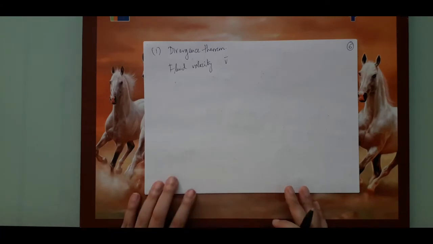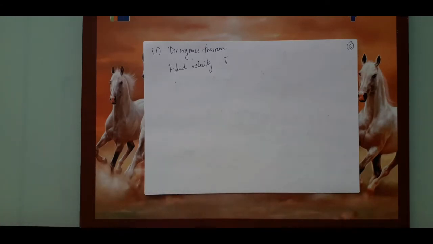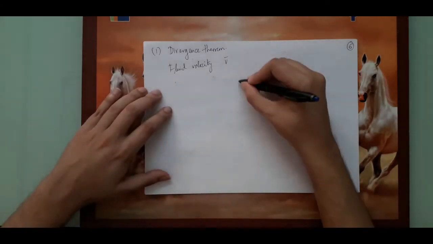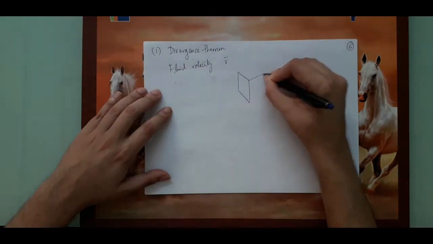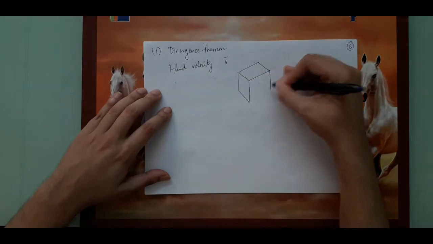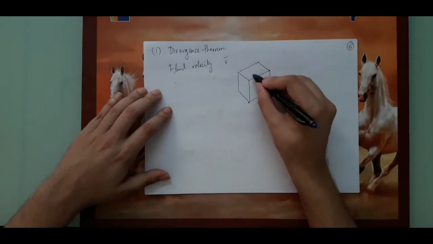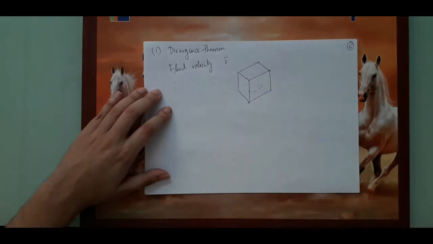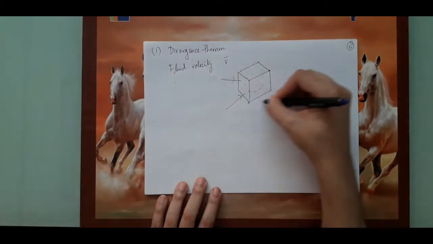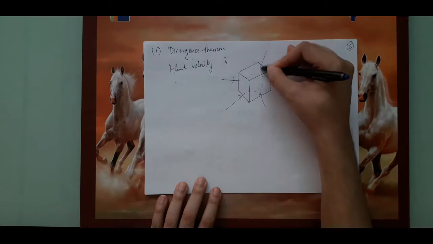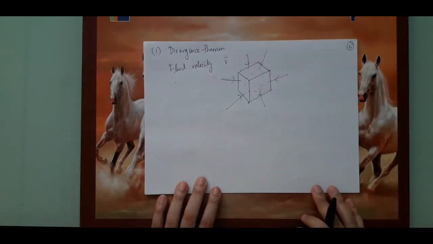So if the liquid is compressing, that means there is inward flow. Suppose there is a 3D surface which I am taking this way, and there is some fluid. If the fluid is compressing, definitely the flow will be inside.